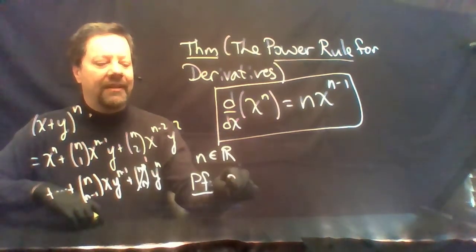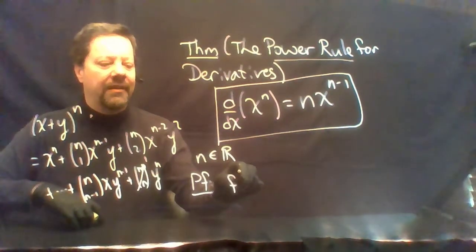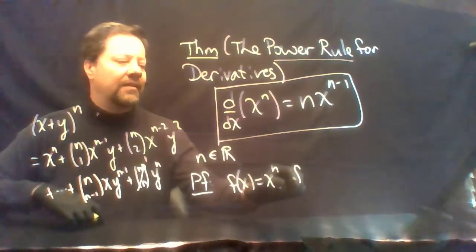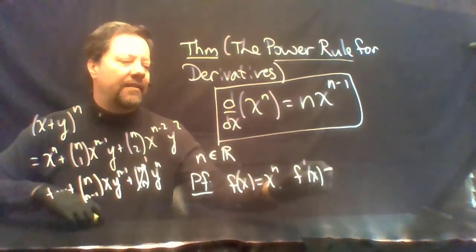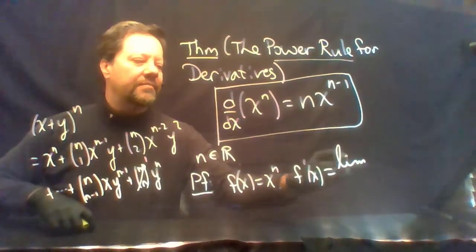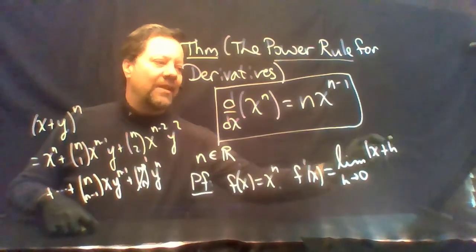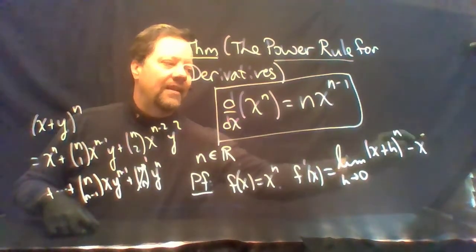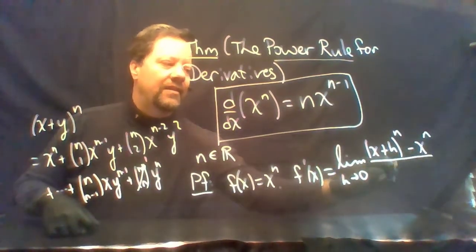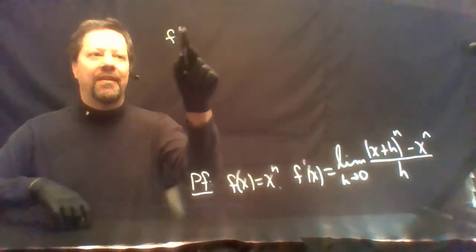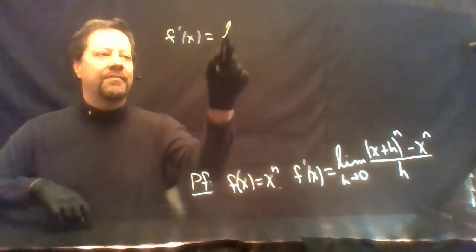So we're going to calculate the derivative of the function f of x equals x to the n. By the definition, that's the limit as h goes to 0 of (x plus h) to the n minus x to the n, divided by h. I have to be honest with you. This proof is defective.